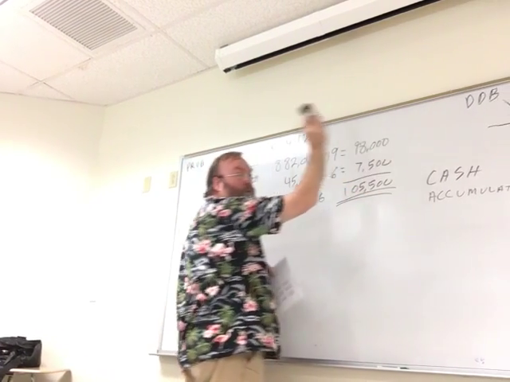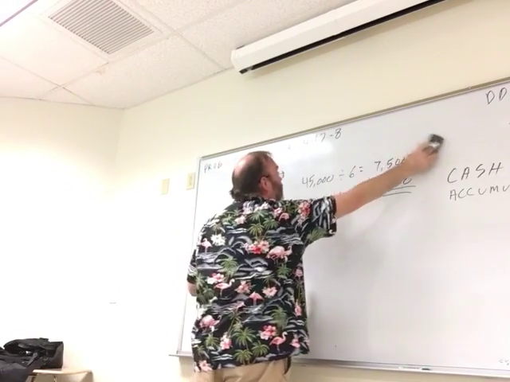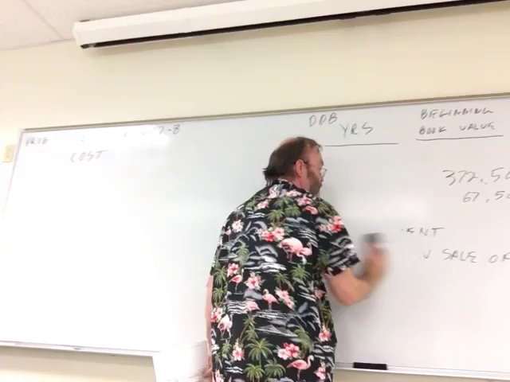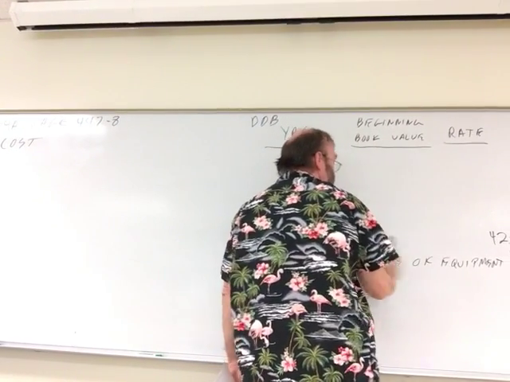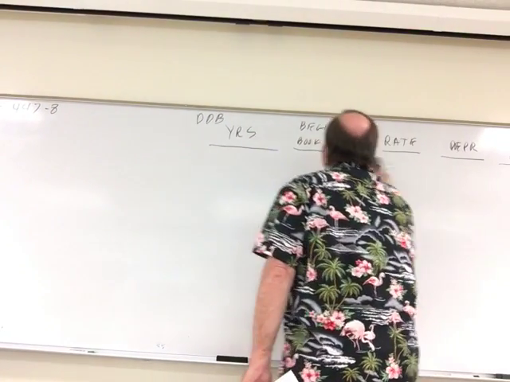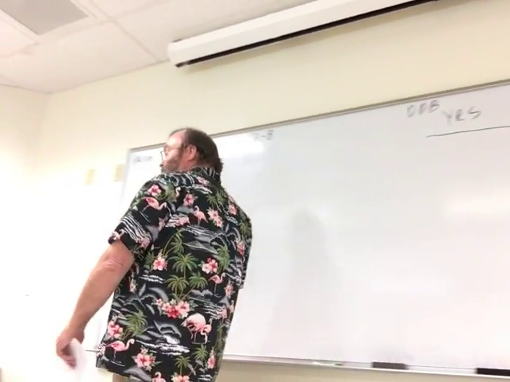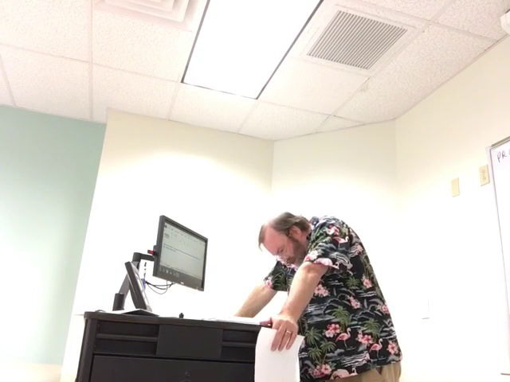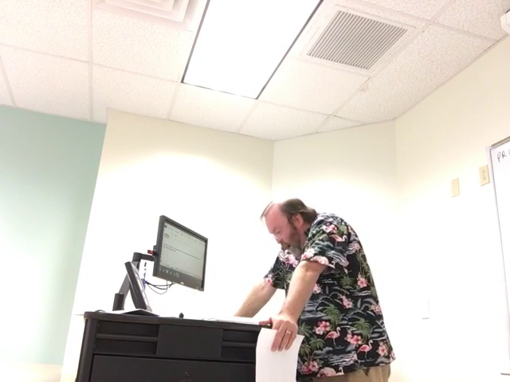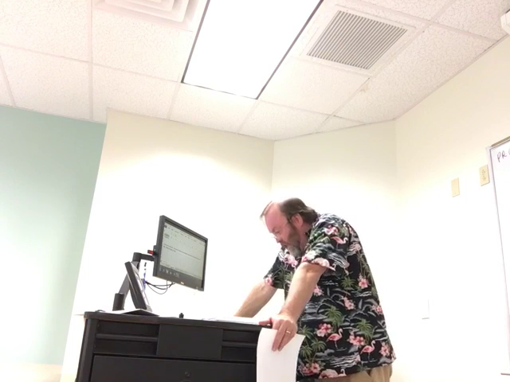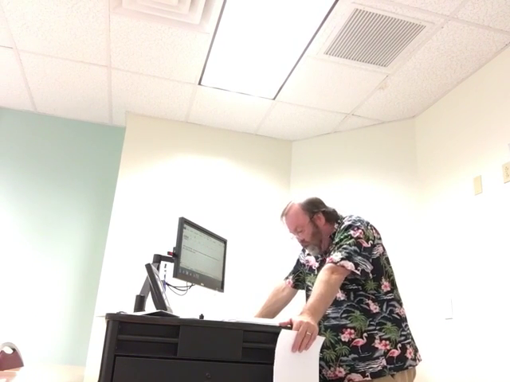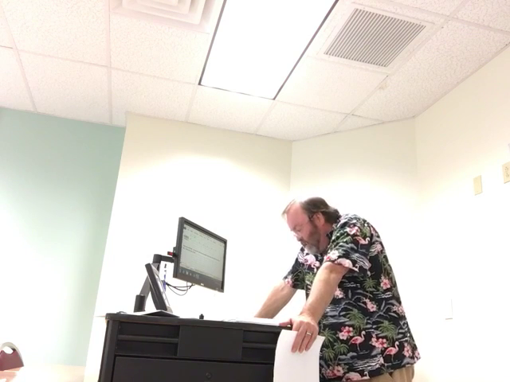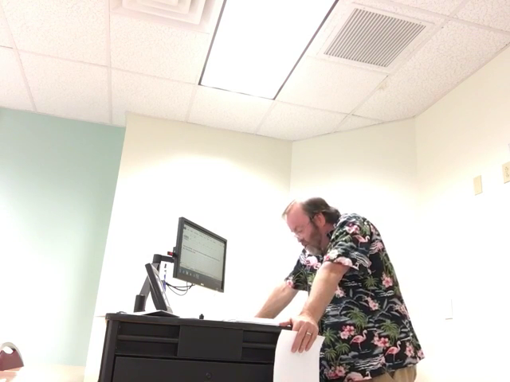All right, everybody got this one? New lithograph equipment acquired at a cost of $800,000 at the beginning of a fiscal year. It doesn't say what year. With a useful life of 5 years and a residual value of $90,000.